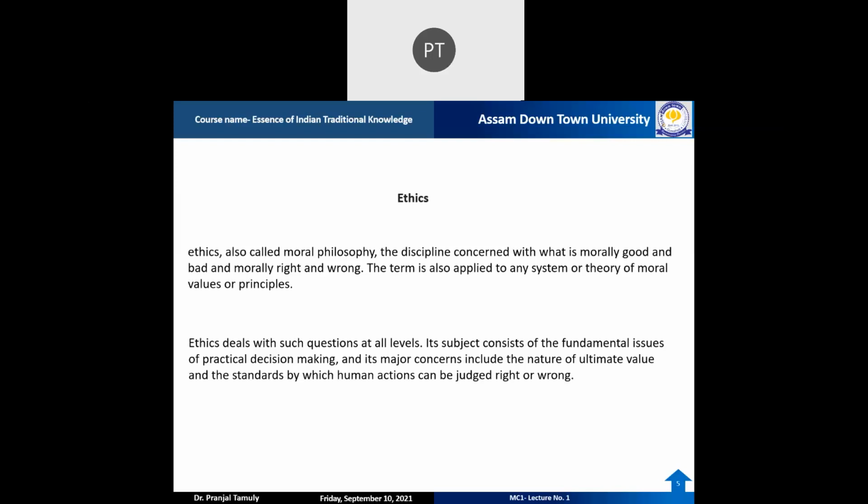Another question is what is right, what makes actions right. Also the morality of a certain action may be subjective or objective, and we have to study whether it is morally right or wrong.